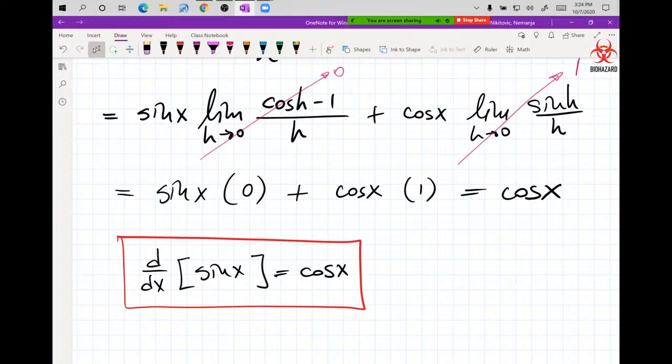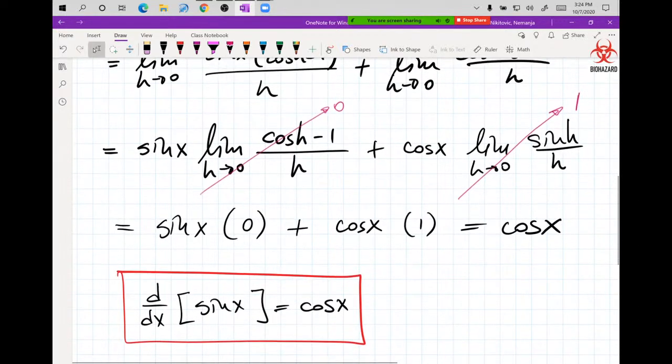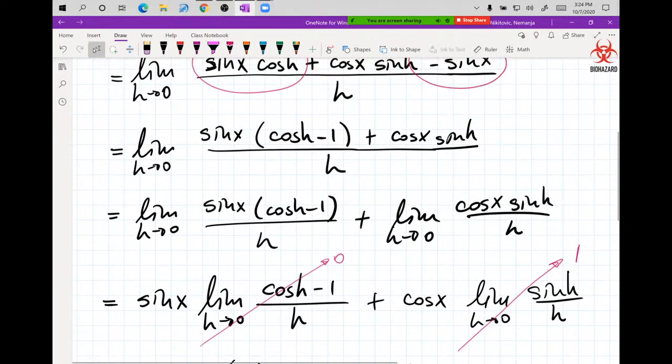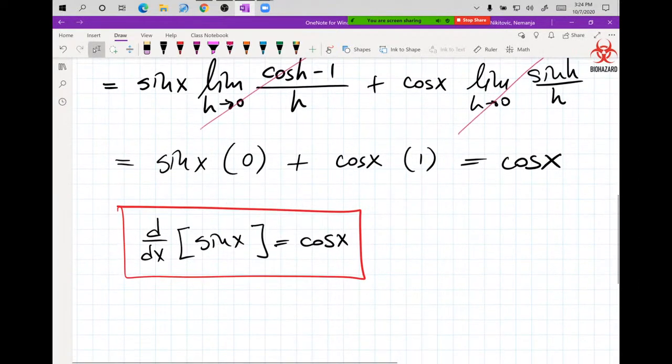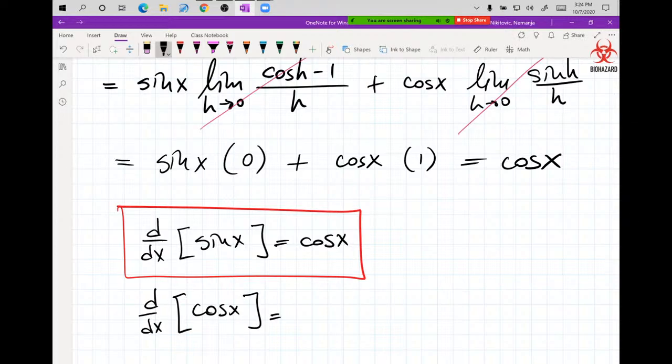Now, you see what we had to go through, right? Especially with this identity and factoring. And you can pretty much do the same to solve d/dx of cosine x, which is negative sine x. The identity would look a little bit different, but the same steps. That would be the next formula which you can memorize.